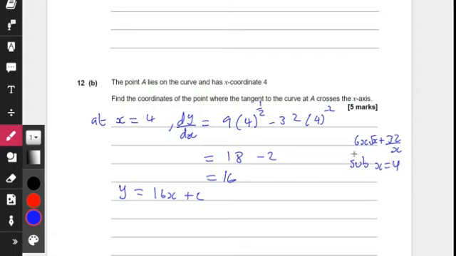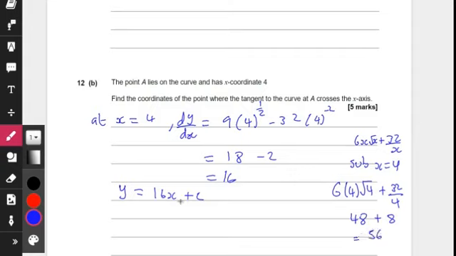Take care. So we have 6x root x plus 32 over x. So 6 times 4 times root 4 plus 32 over 4. 24 times 2 is 48, plus 32 over 4 is 8. So that gives you 56, I think.